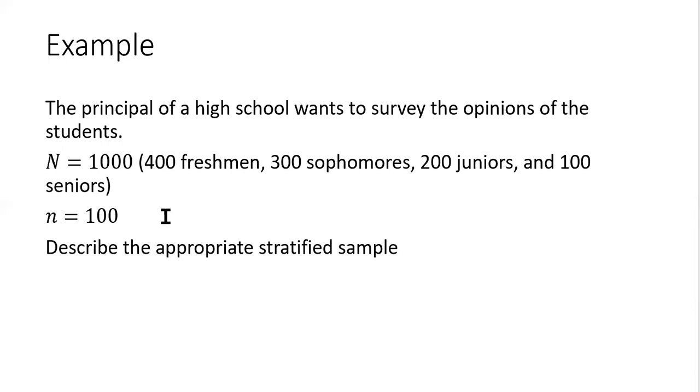So we multiply 1 out of 10 by 400. That gives us 40 freshmen. And then 1 out of 10 of 300 sophomores gives us 30 sophomores. 1 out of 10 of 200 juniors gives us 20 juniors, and 1 out of 10 of 100 seniors gives us 10 seniors.